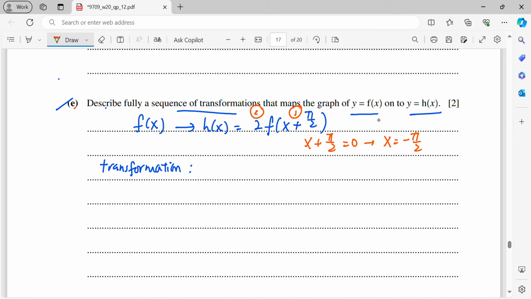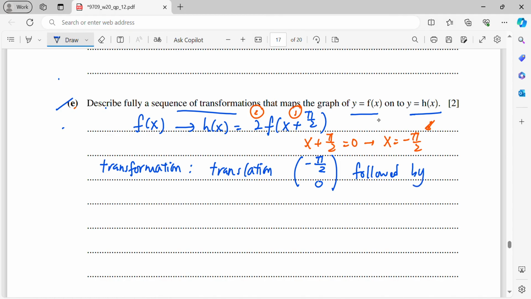So this is basically a translation of the x. From here, I will say that it is a translation of negative half pi in x, with no change in y, followed by the 2.